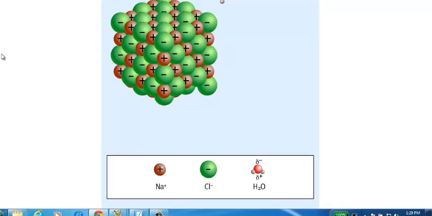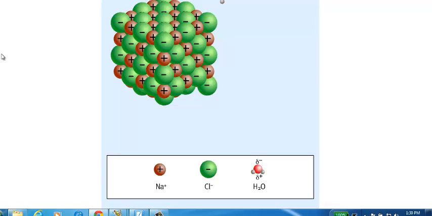When you put them in water, since water has partial charges, oxygen's negative, so oxygen cozies up to the orange guys and pulls the positive ions towards it. And hydrogen, which is positively charged in water, cozies up to the negative ions and pulls them towards it. So there's an attraction between the water molecules and these ions in solution, and those attractions are known as molecule ion.